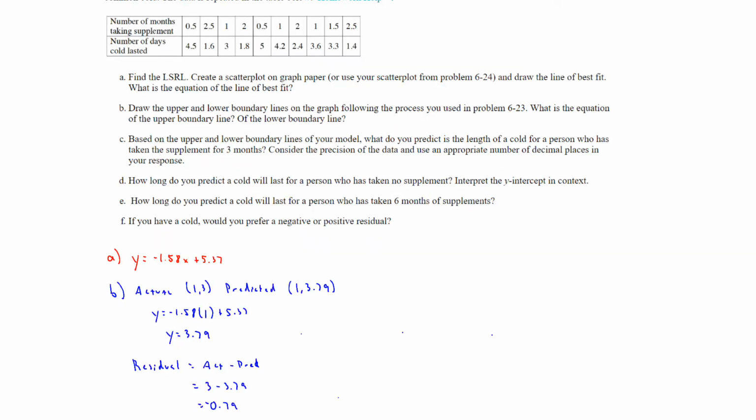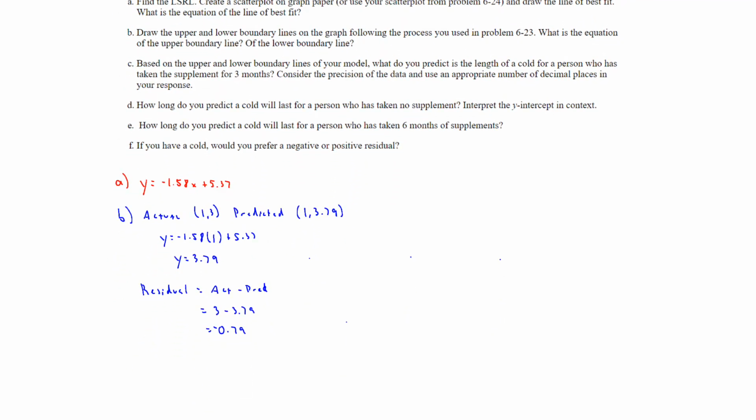So I'll go back to part B and say the upper bound line is y equals negative 1.58x plus 6.16, and the lower boundary line is y equals negative 1.58x plus 4.58.